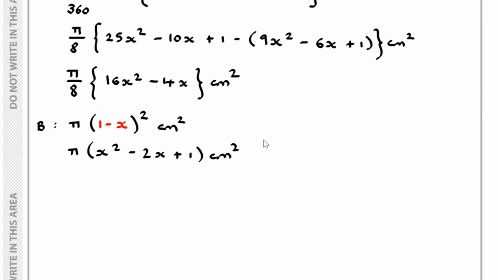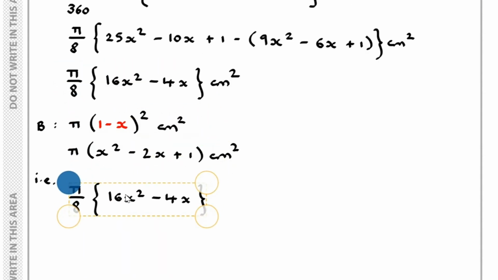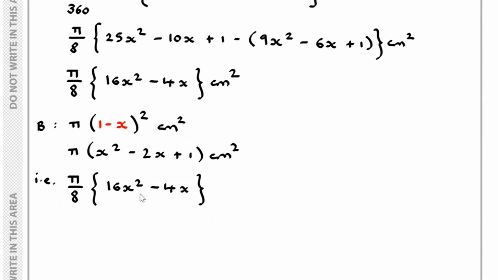That's the area of B. And because those are equal, we can say then that pi over 8 multiplied by 16x squared minus 4x is equal to pi multiplied by x squared minus 2x plus 1.